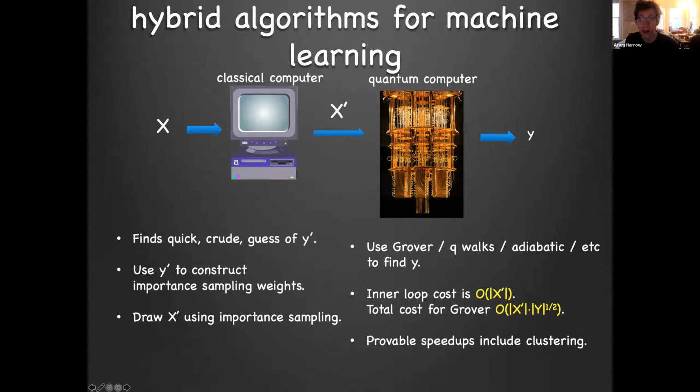And for algorithms like clustering, this is a case where we know good core sets exist. So this whole pipeline, where you choose an approximate answer quickly, use that to make importance sampling weights, draw a small core set, etc., is something that's proven to work for many forms of clustering. And this is a promising area for quantum speedup, because the last step is where you brute force over clusterings of your core set.